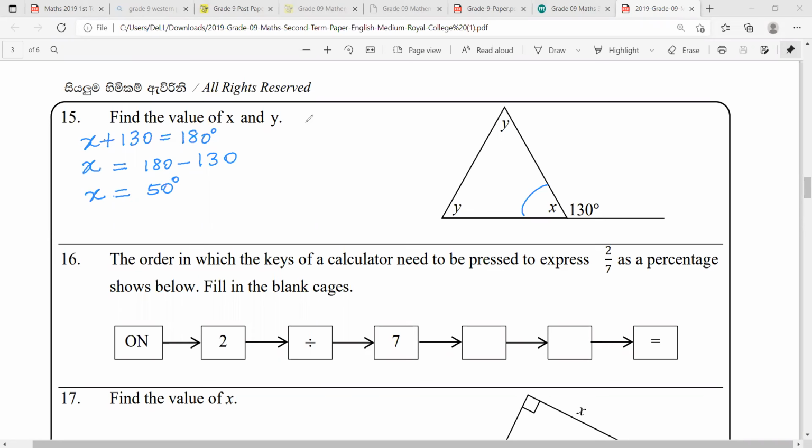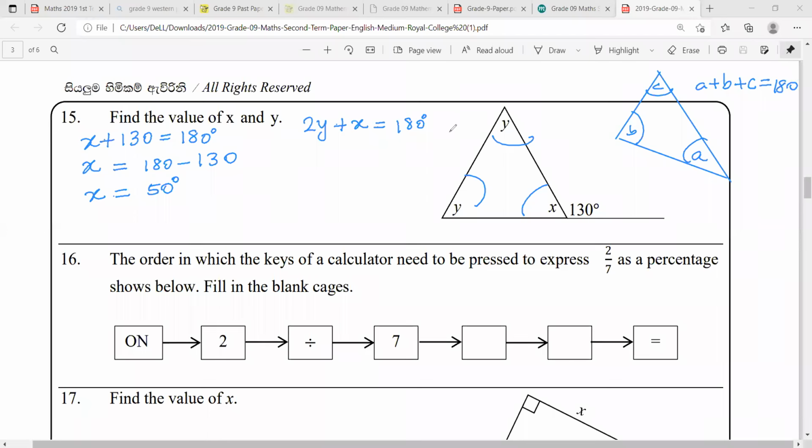And you know that 2y plus x is equal to 180, because the sum of all three interior angles of any triangle is equal to 180. If I write A, B, C, A plus B plus C is equal to 180.